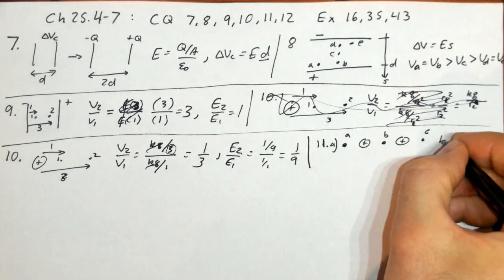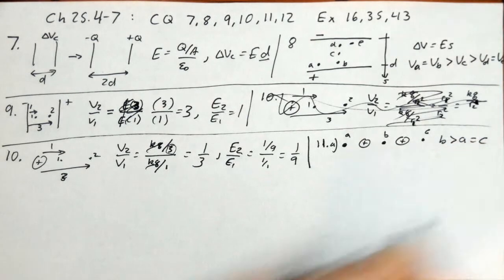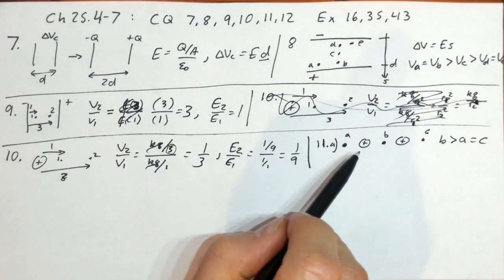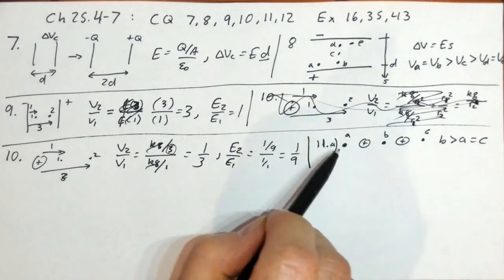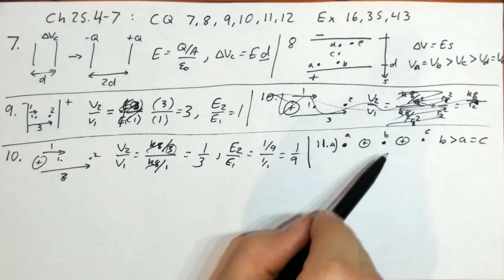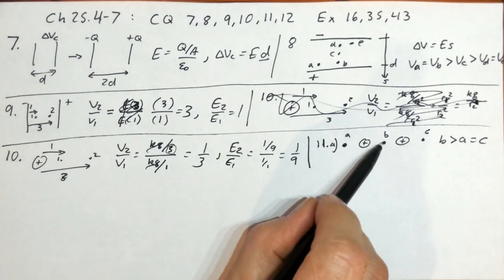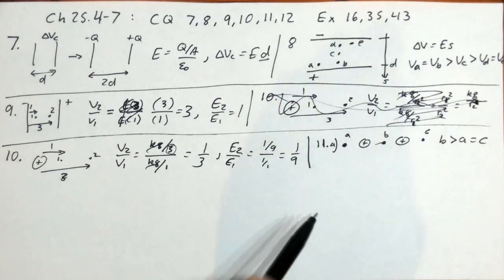So we'd have B is greater than A equals C for the potentials. Now notice, I didn't care about directions because potential is not a vector. If this was asking me for the electric fields at those points, this would be answered completely differently. B would be 0 because electric field cares about directions, but potential doesn't.